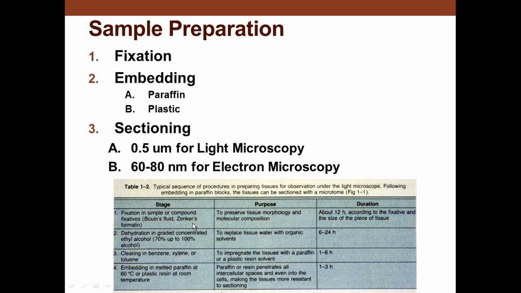And so here we see you fix it in Bouin's or xylene or Zenker's solution, or formaldehyde or glutaraldehyde, I should say. And then that preserves the morphology. Dehydrate it to clear it, clearing to make the embedding media be able to go inside the tissue to make it harder. You can see this takes 12 hours, 24 hours, 1 to 6 hours. A fair amount of time to process tissue.